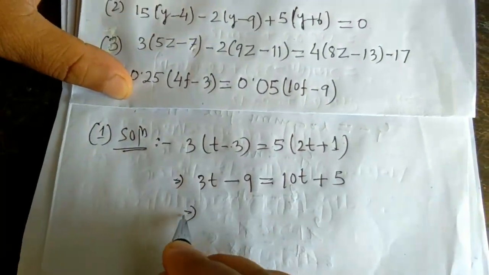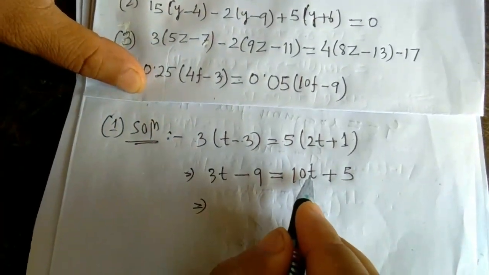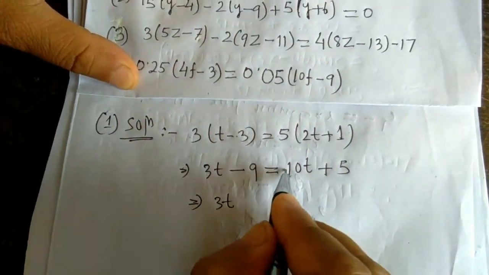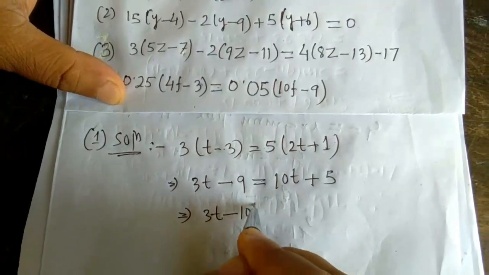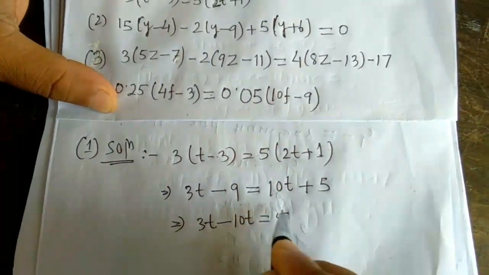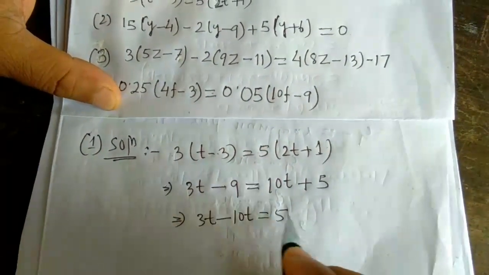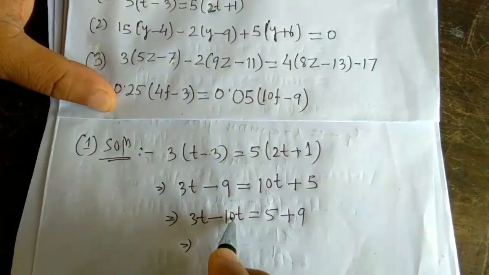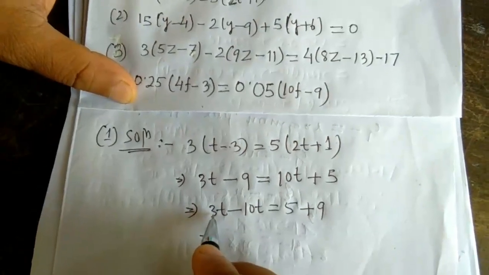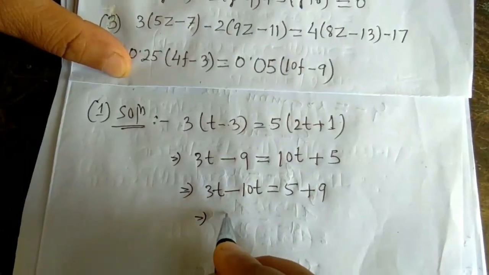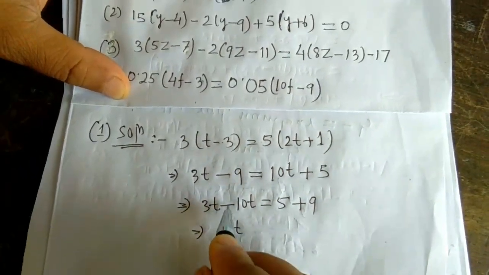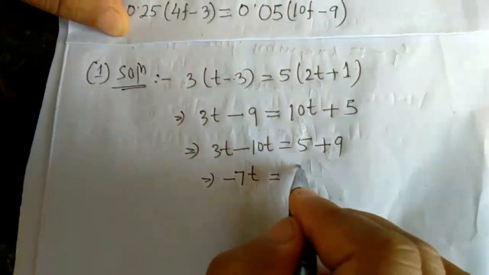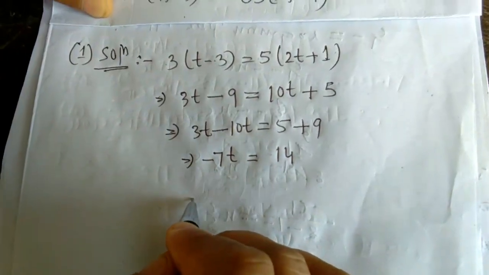Now all the variable terms, that means the terms containing t, you bring to the left side. 3t is plus; if you bring it to the left side it will become minus 10t. The 9 is negative on the left hand side; if you transfer it to the right it will become positive. 10t minus 3t is your 7t. 10 is greater, so minus. 5 plus 9 is 14.